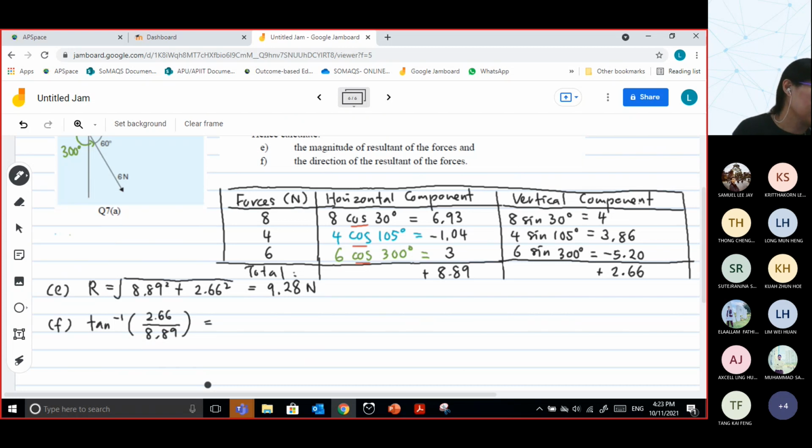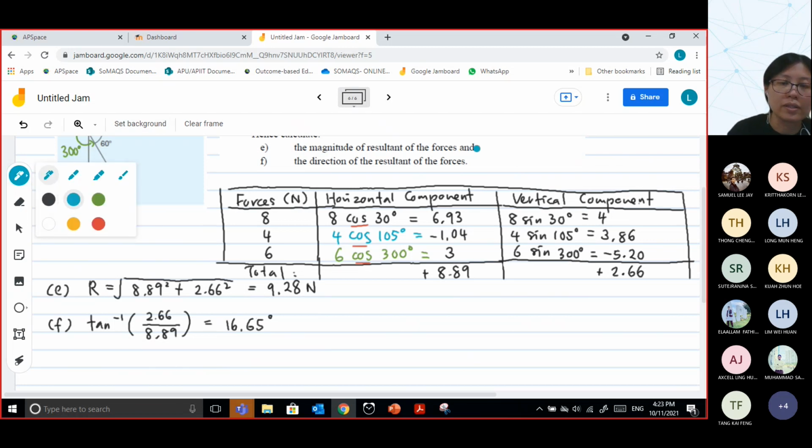So the direction is 16.65 degrees. Okay, clear? So that means I also have done this question.